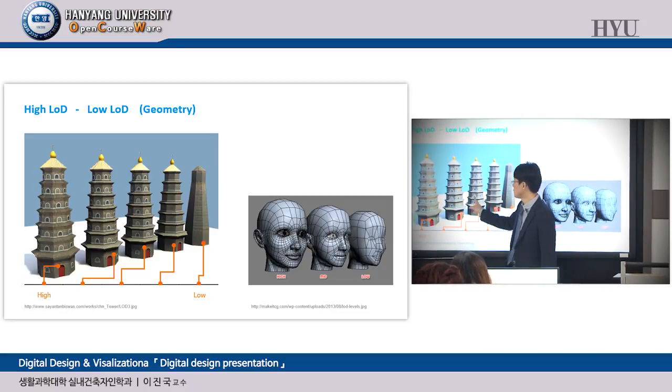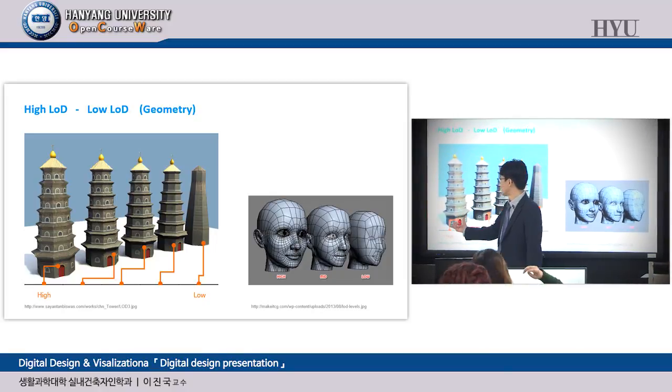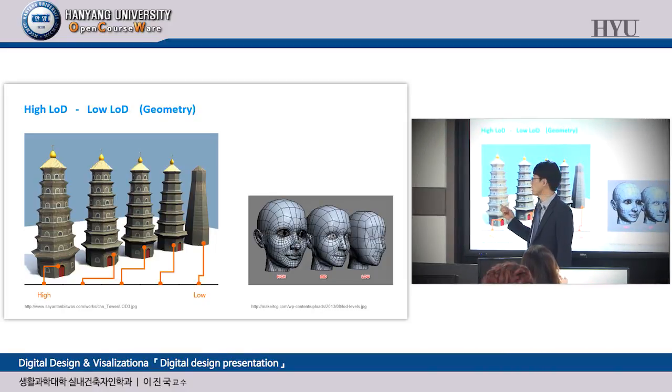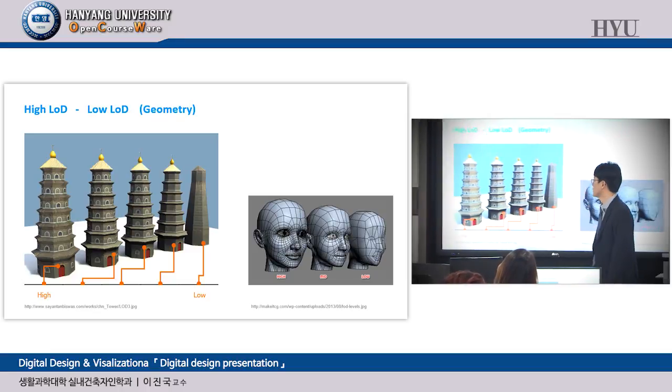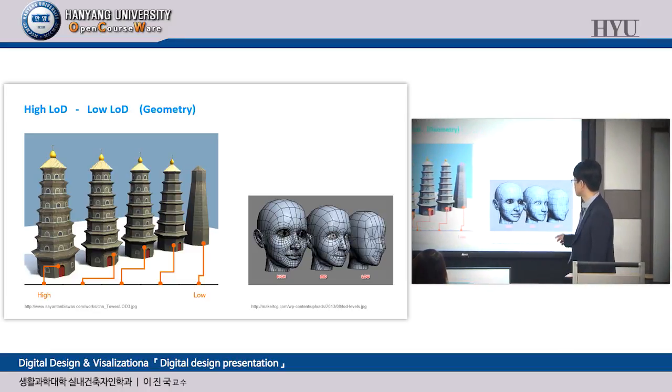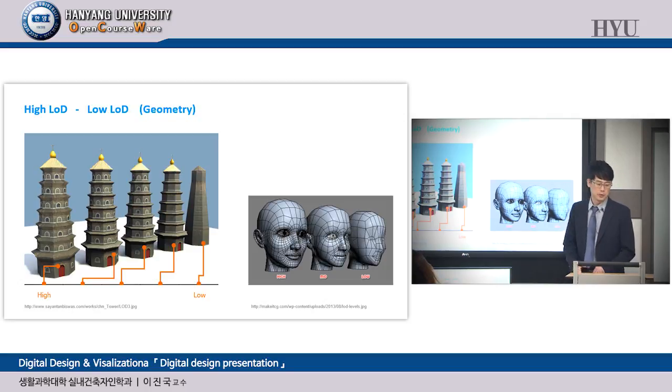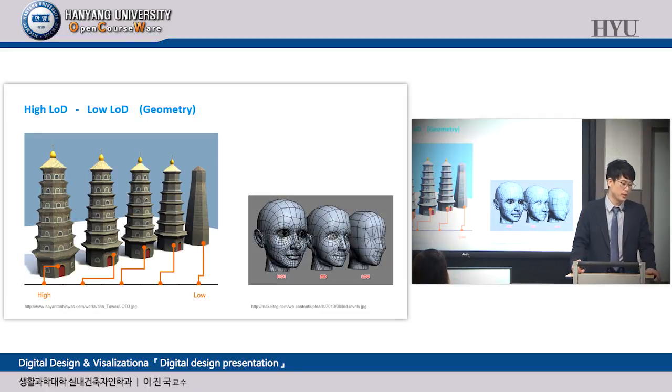But in your progress, at the end, your final product has very fine-grained details in its surface, geometric shape, material, color, and so on, okay? So it's high LOD. Take a look at this face. High LOD simply means more polygons. Lower LODs, fewer polygons in terms of its geometry, okay?